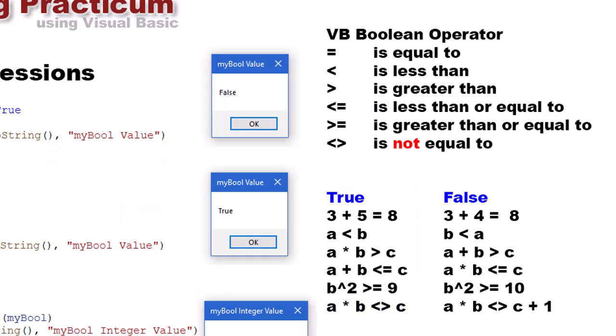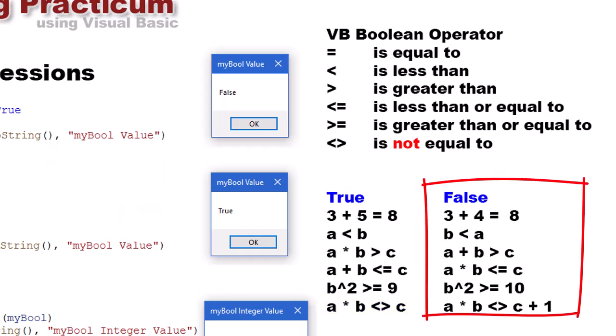Let's look at the false expressions. 3 plus 4 equals 8. We know that to be false. It equals 7. B, the value of 3, is not less than A, which has the value of 2. A plus B, 2 plus 3 is 5. That is not greater than the value of 5, which is C. It's equal to. So 5 is not greater than 5.